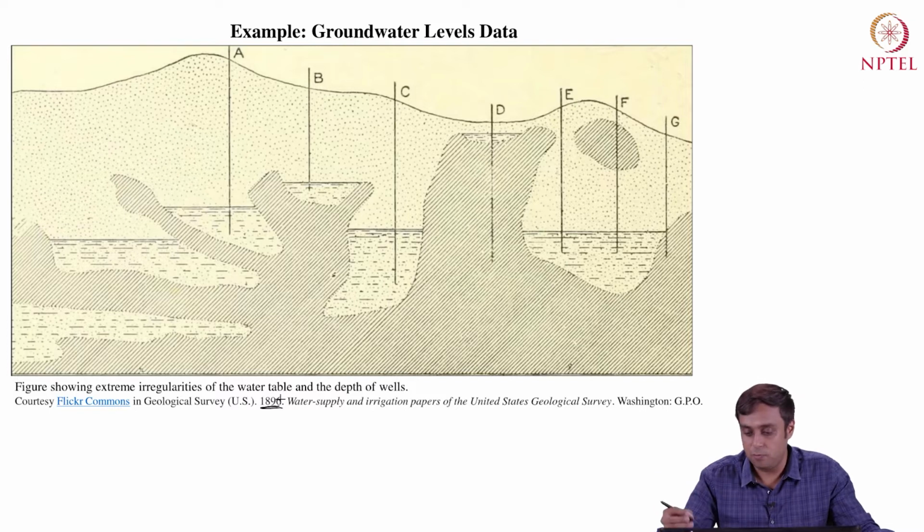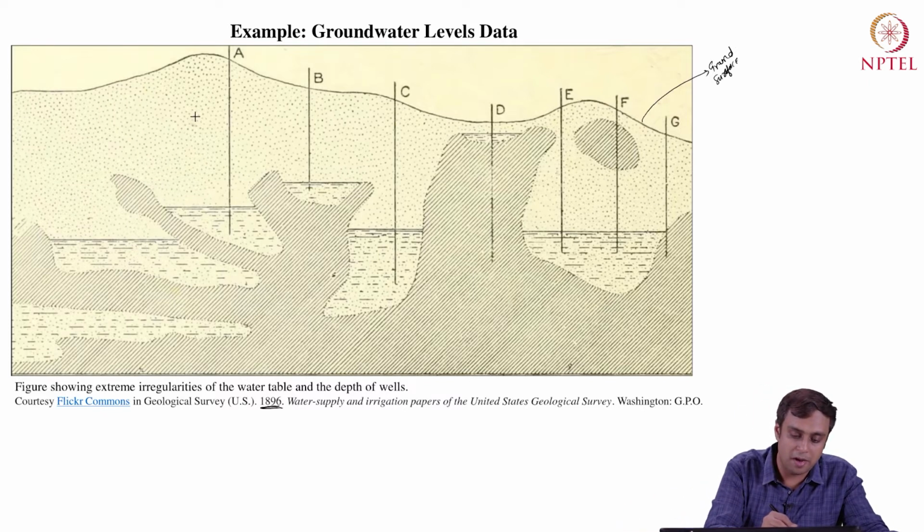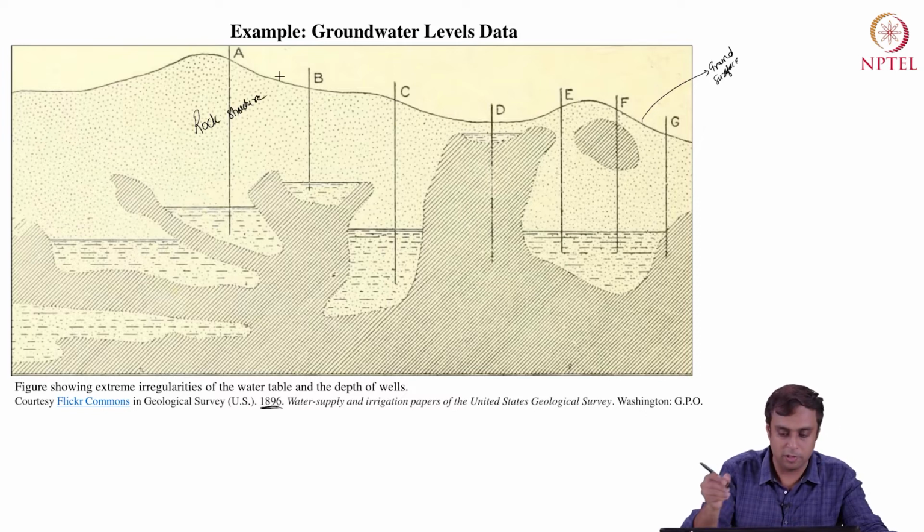If you look at what's happening here, we have the ground surface, which by itself is quite irregular. And beneath the ground surface, of course, you have this rock or sand structure, the dotted area.